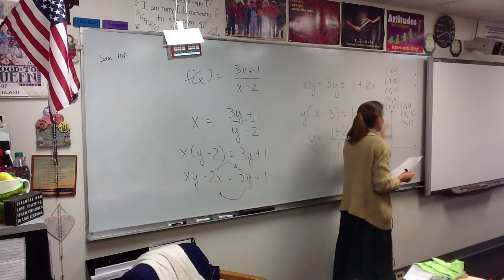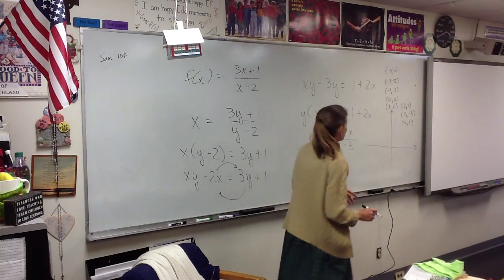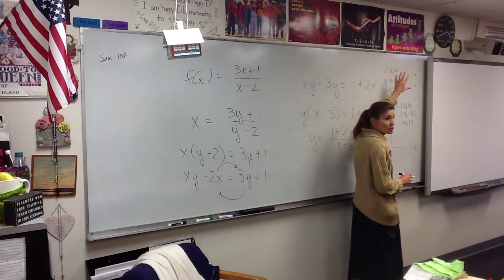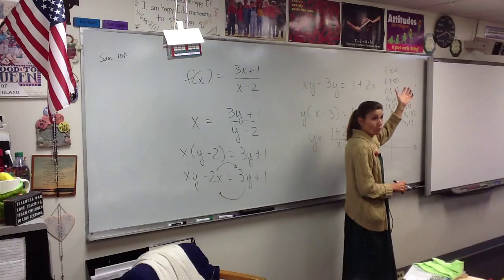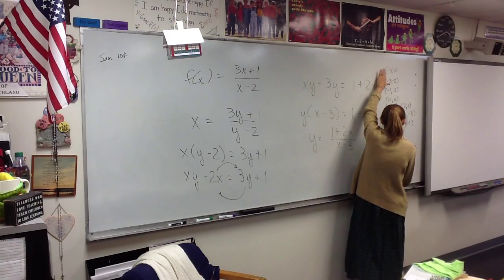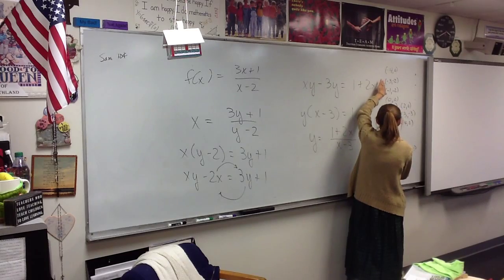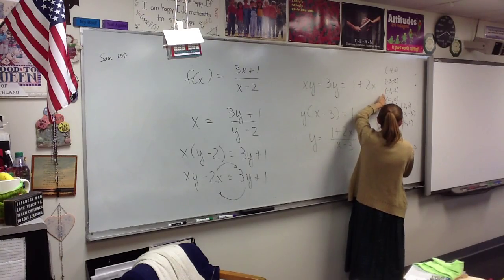Now those are the points on the original graph. When I do the inverse, I just turn them around. And I'm going to do them in the same order I wrote them down. So I'm going to do 0, -4 first. And then -2, -3. -2, -1, and 0, 0.